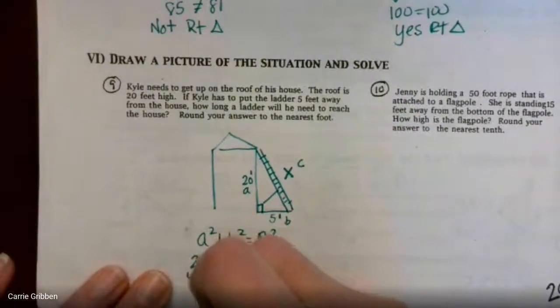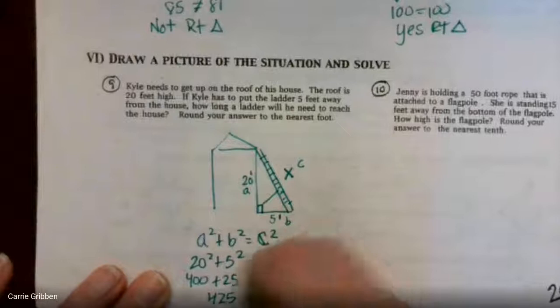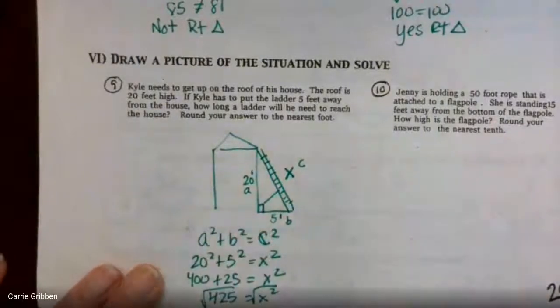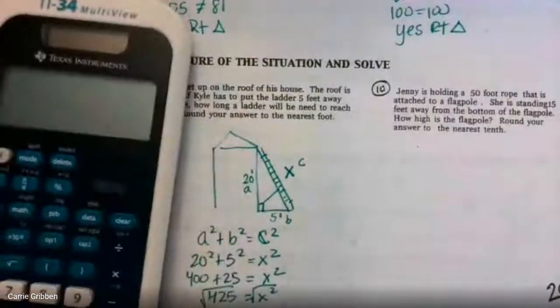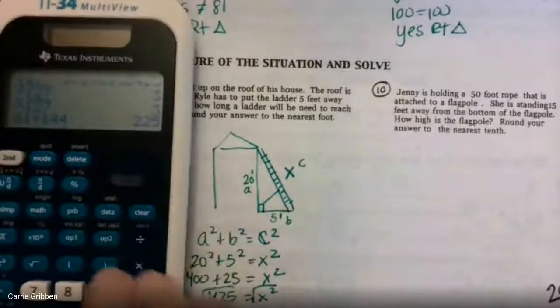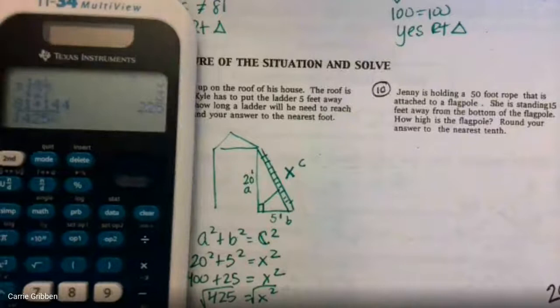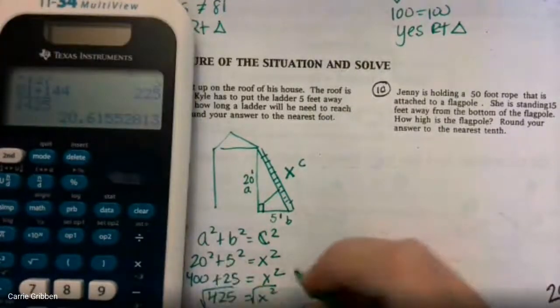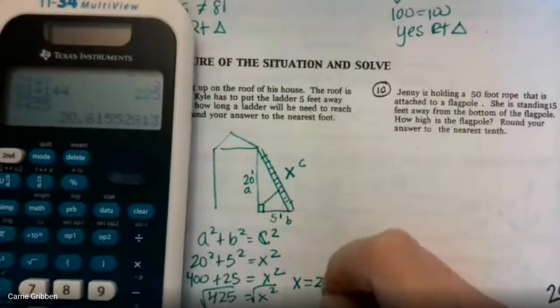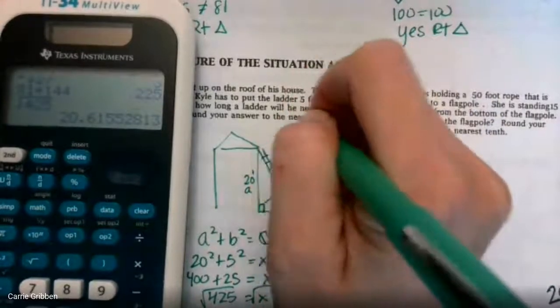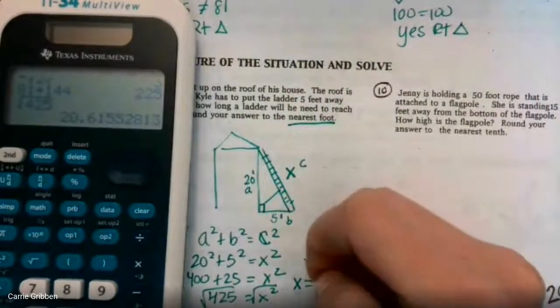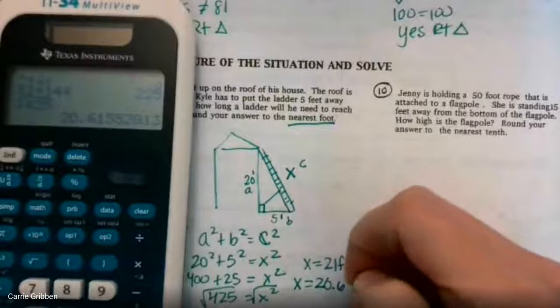And here's a case where this is not a perfect square, so I'm going to have to use my calculator to get the square root. So if I turn it on and I do square root of 425, I'm going to get an answer of 20.6. And it does say round to the nearest foot, so that's going to leave me with 21 feet.